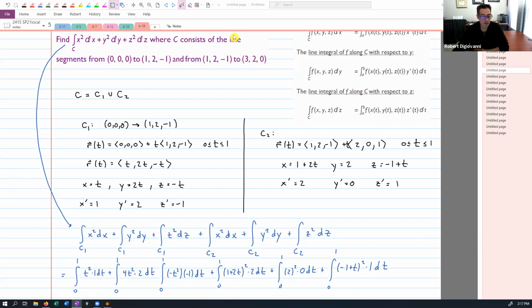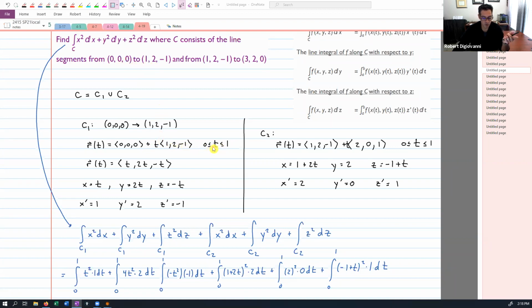I'll briefly discuss this. We have a line integral over C, and then we've got these with respect to X, Y, and Z respectively. And we're going over C, which consists of two line segments. So I'm going to do these in two different curves, C1 and C2. I first find the parametric representation of this line segment. I'm in three-dimensional space, so I start with the vector 0, 0, 0, plus t times the direction vector from here to here, which is going to be that.